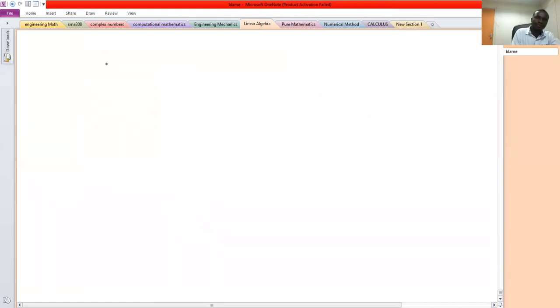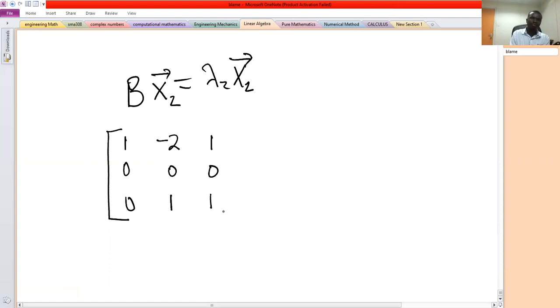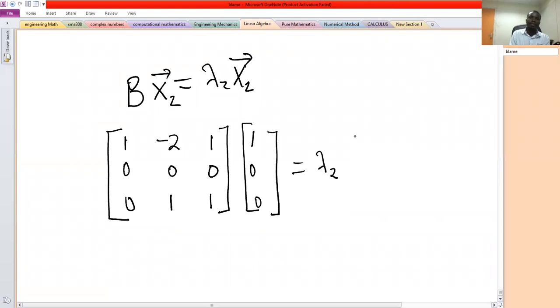And then for x2, we need to show that B times x2 is the same as lambda 2 x2. Now, B is the matrix 1, 0, 0, minus 2, 0, 1, 1, 0, 1. So we multiply by this vector x2, which was given as 1, 0, 0, and then lambda 2 times 1, 0, 0.